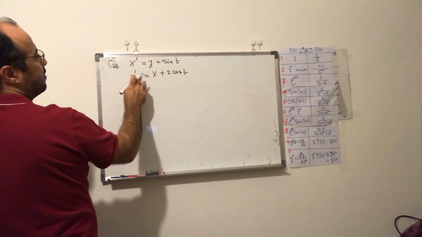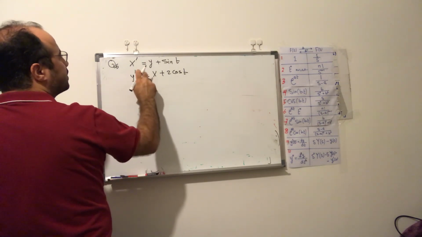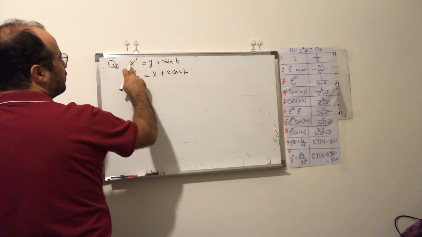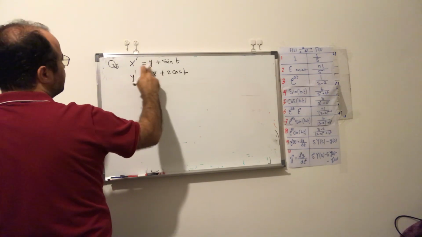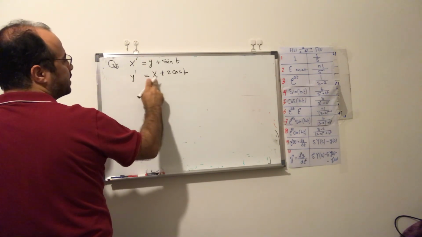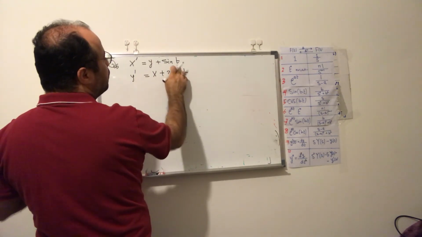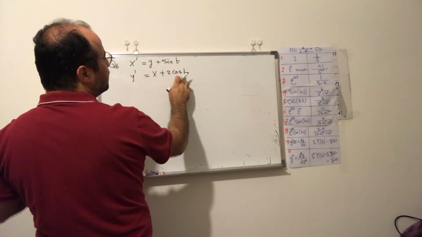And this is a system because you have more than one dependent variable and they are connected, because the equation for x has y and the equation of y has x, right? But the good thing now, we know the independent variable. It is t here.